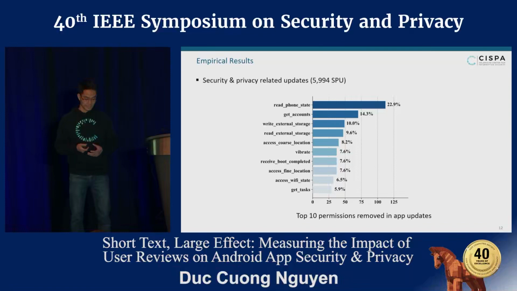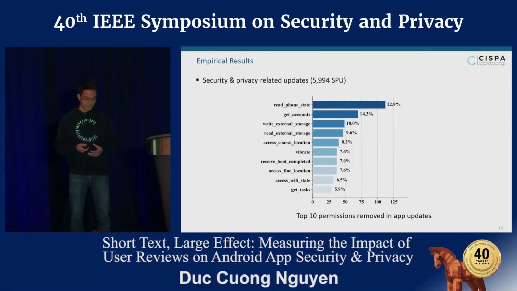So to summarize, we have found that SPR indeed leads to SVU, meaning that the more SPR an app version receives, the more likely that the next update will be security and privacy related. Second, the higher a score an app version receives, the less likely that the next update will be security and privacy related. And third, the more developers reply to user reviews, the less likely that they will release SVU as the next update.